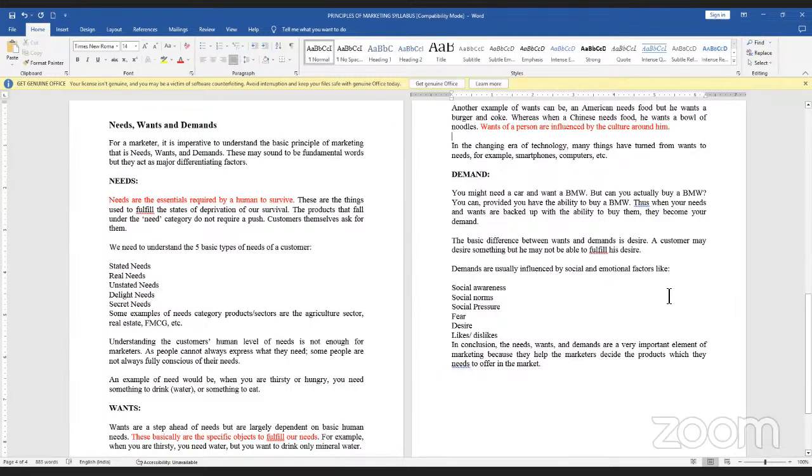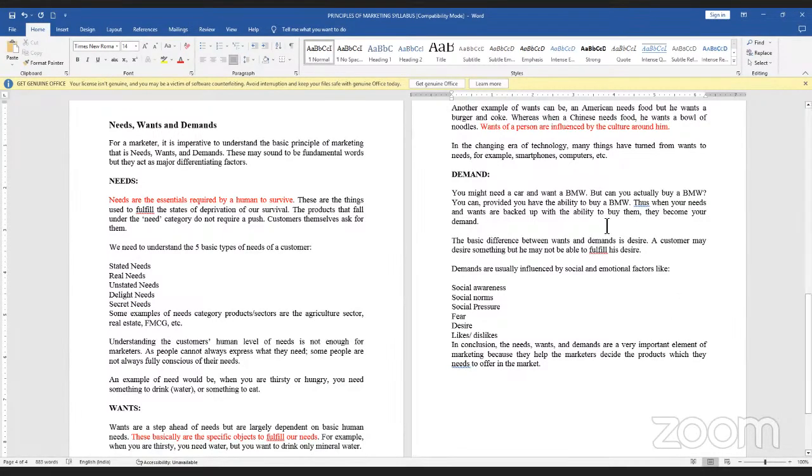So what is demand? You need, you want, but if you are not able to afford it, the product cannot be sold. So you must have the affordability, the ability to spend. The more people have the ability to spend, the more the product will be demanded.